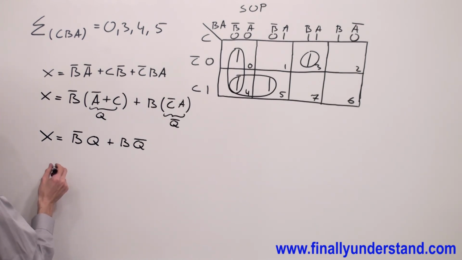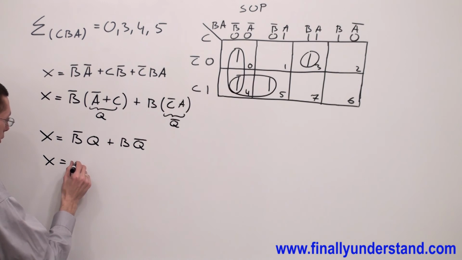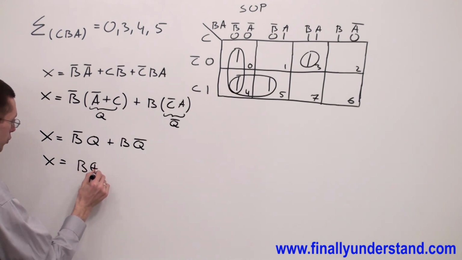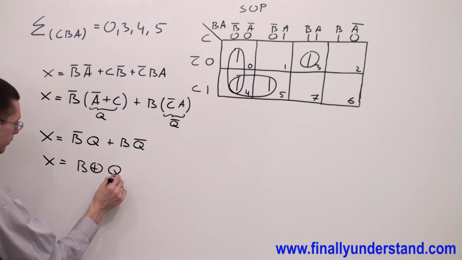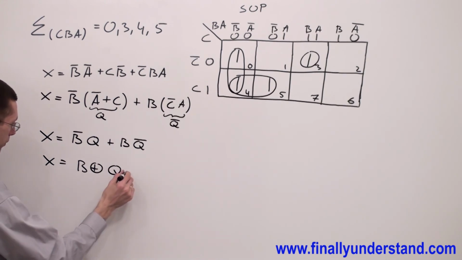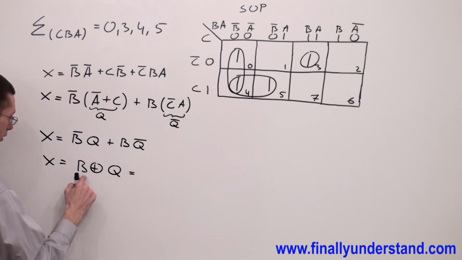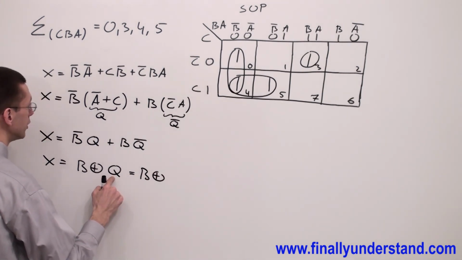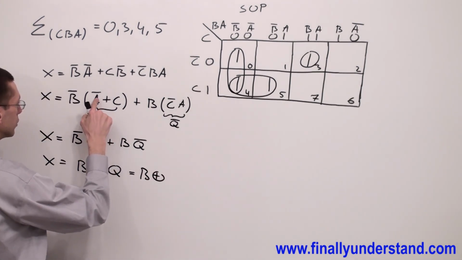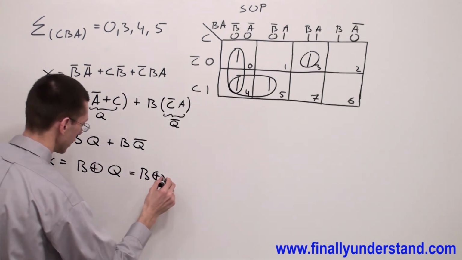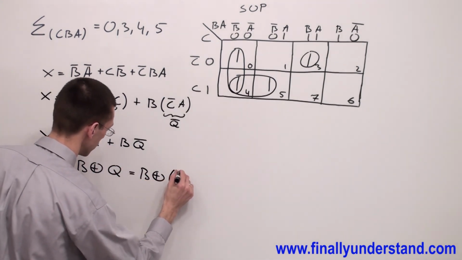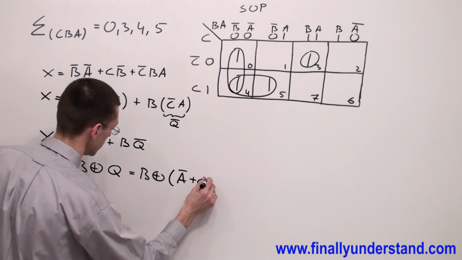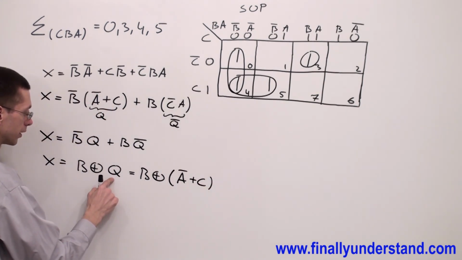So I'm going to rewrite this as B exclusive OR Q, where B exclusive OR Q is equal A naught or C. I'm going to write A naught or C instead of Q.